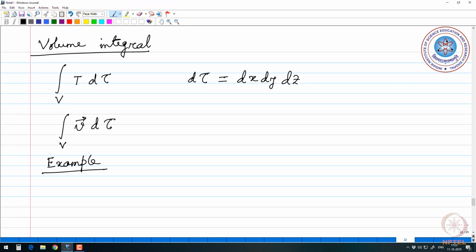So, we have a prism and a scalar function T of x, y, z is given to us. It is given as x y z squared, and we will integrate it over the volume of a prism. So, let us see how the prism is given. This is a Cartesian coordinate system, x, y, and z.